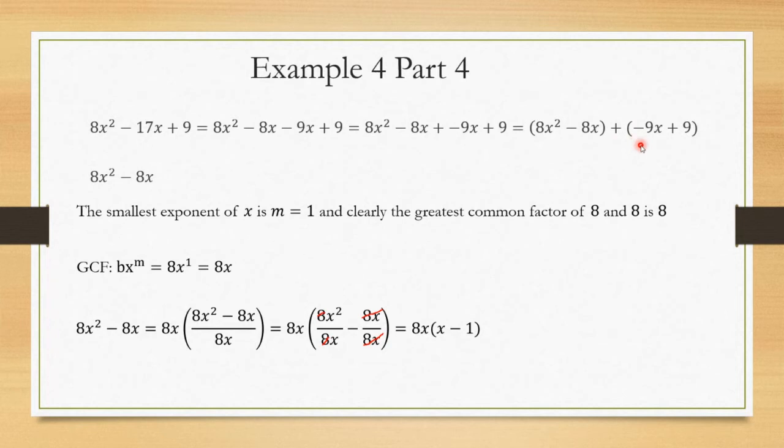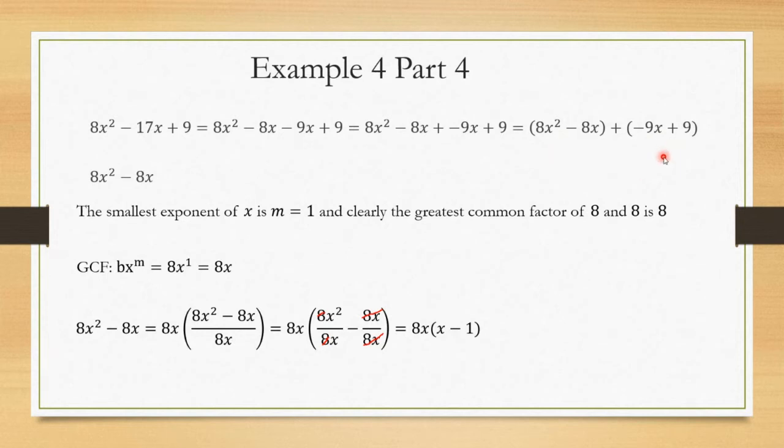Not just you, but everyone. So we have addition here. That's what I did, and we formed our 2 wonderful groups.